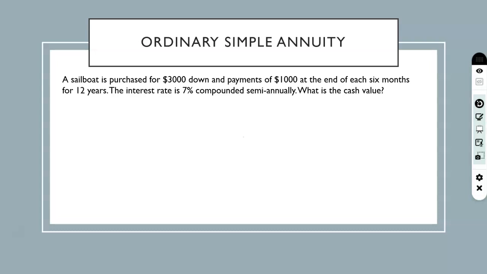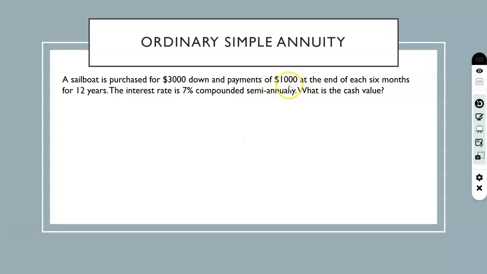Whenever you need to calculate the loan amount or lease amount or the cash value of the property, you have to calculate the present value, because those values are known first and based on that you have the payments.